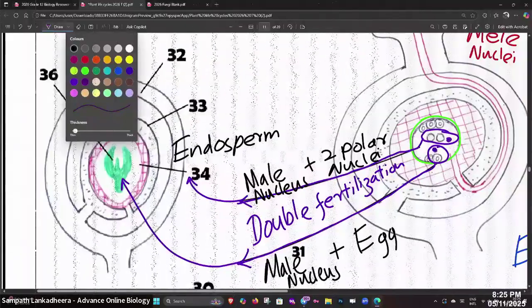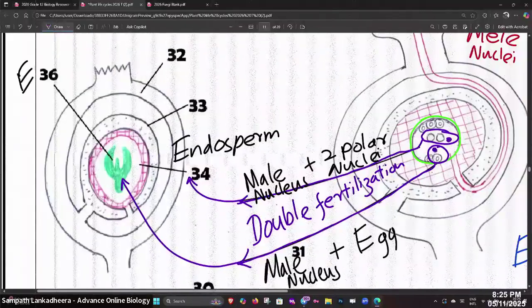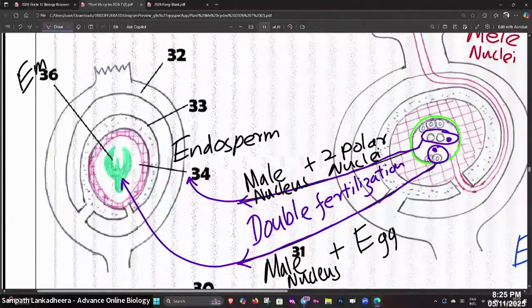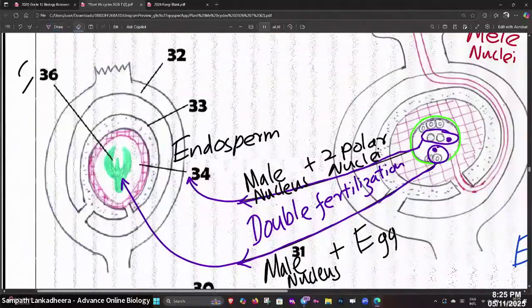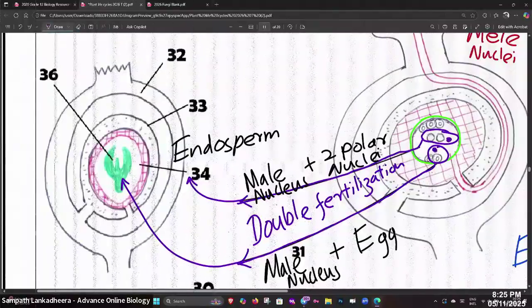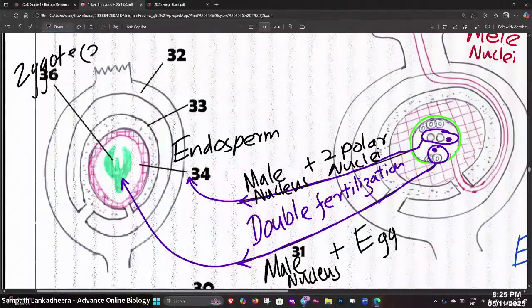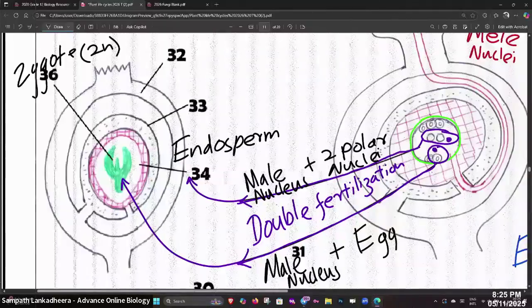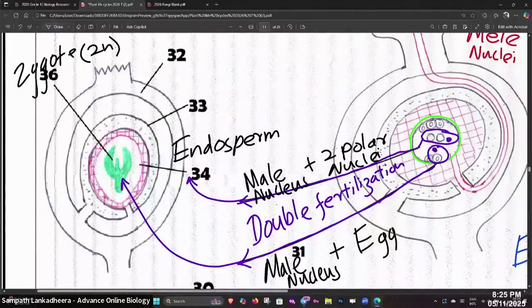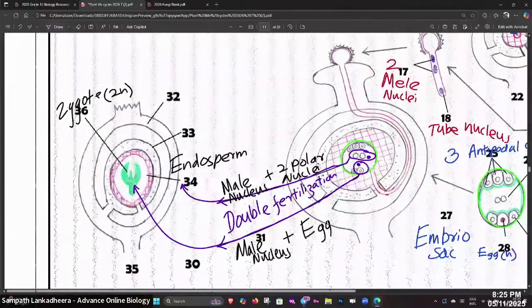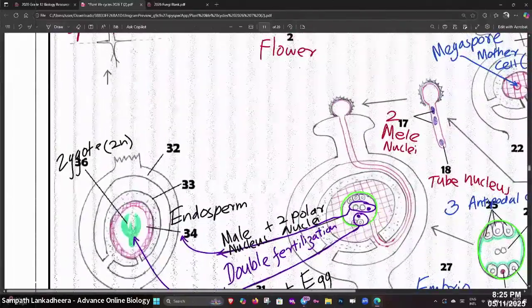What is number 36? Embryo. Oh, zygote. We'll take it as zygote. What is the ploidy level of the zygote? 2n. The ploidy level of the zygote is 2n.